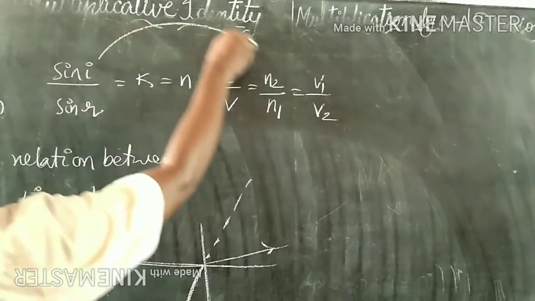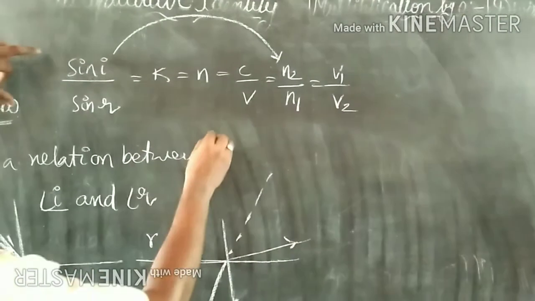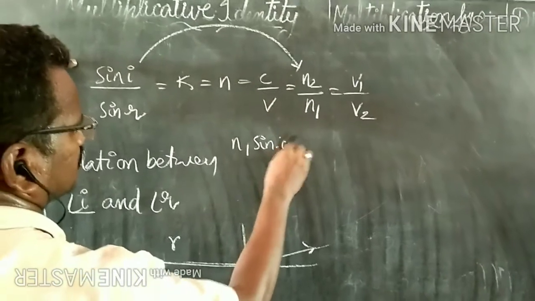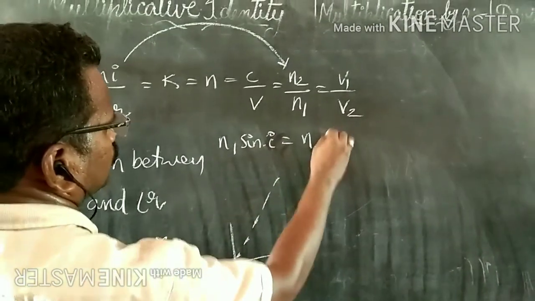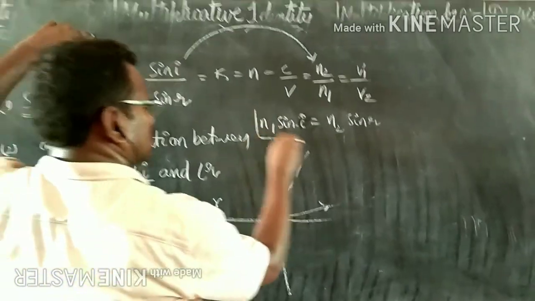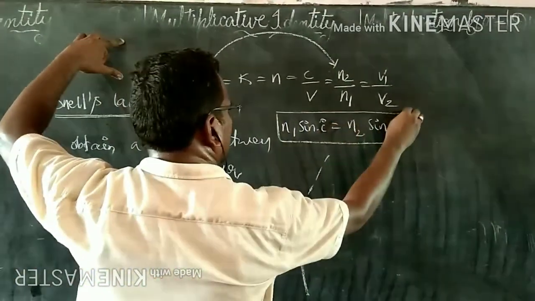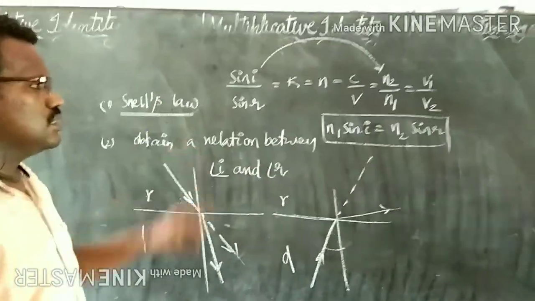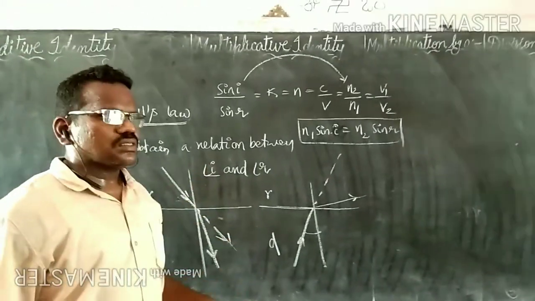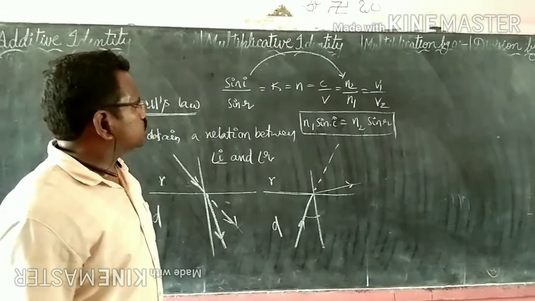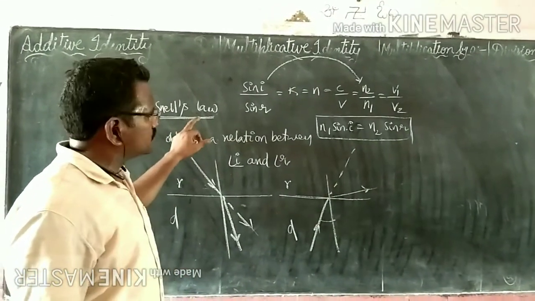If you cross multiply these, we get n1 sin i equals n2 sin r. This law is called Snell's law. Now, by using the following activity, we are going to explain the concept of Snell's law.